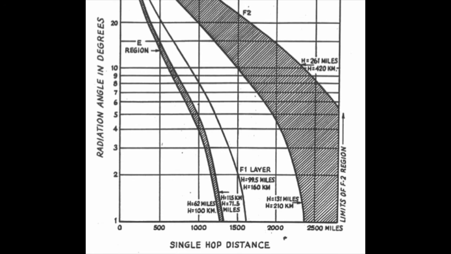So there's a whole lot of factors here to be considered when you want to know what antenna to use or which antenna to design or how to design your antenna.